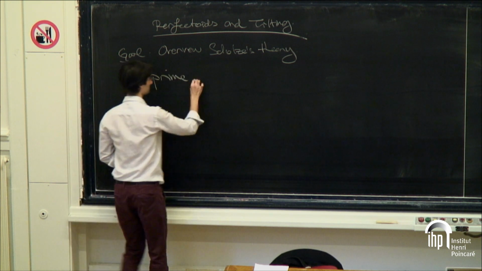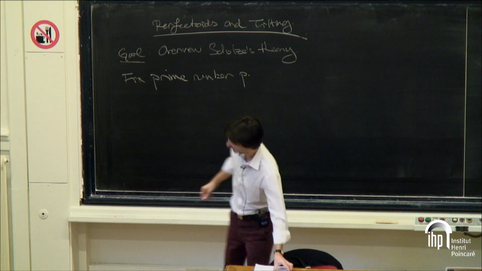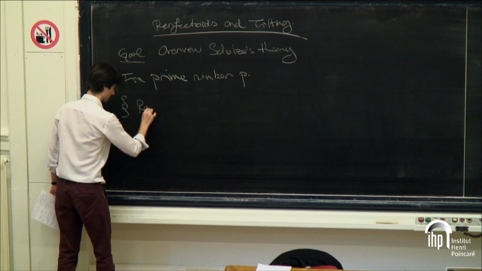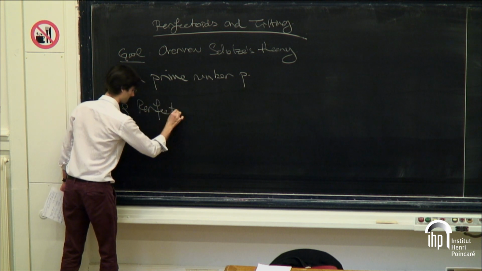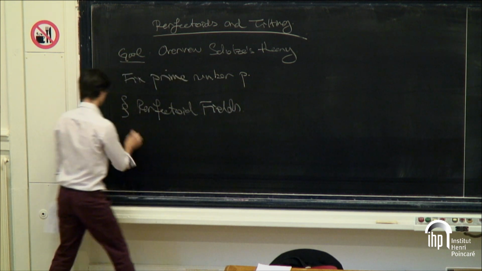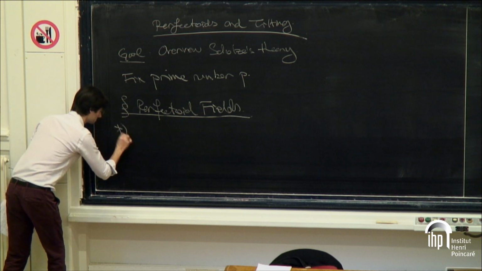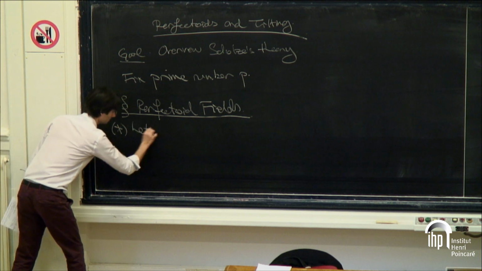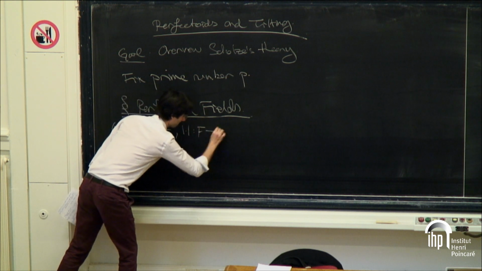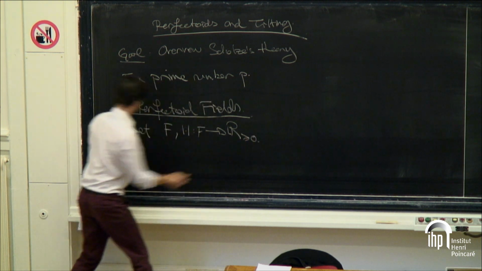right off the bat some prime number p and define, so that we have something to talk about, perfectoid fields. So a hypothesis that we'll see a few times is that of having a field which is complete under a rank 1 valuation.